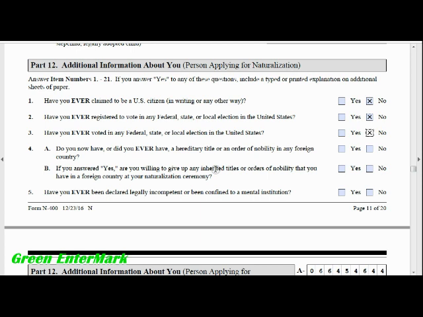Do you now have, or did you ever have, a hereditary title or any order of nobility in any foreign country? Are you willing to give up any inherited titles? These are titles; if you have them, you say yes, and if you have no titles, no. And orders of nobility that you have in a foreign country.